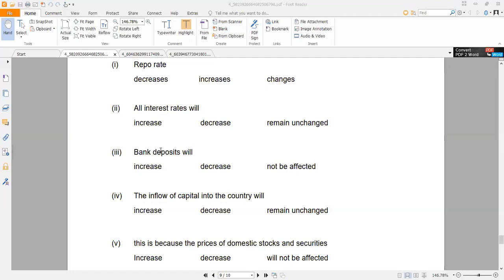What's the logic? Is it decrease because people won't have bank deposits? I'm lost in a melee.